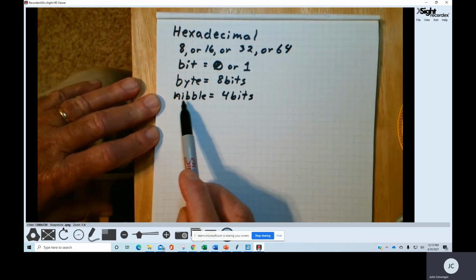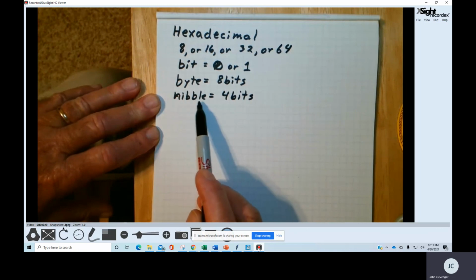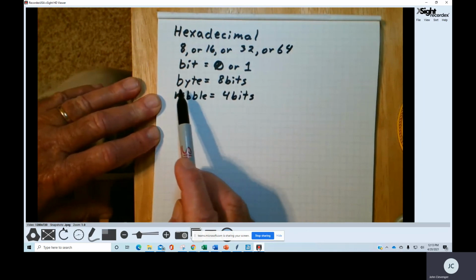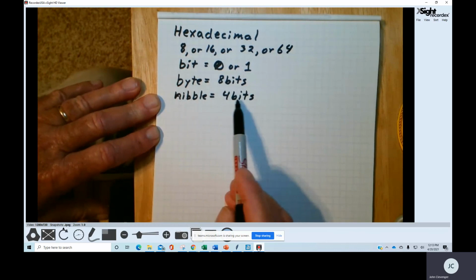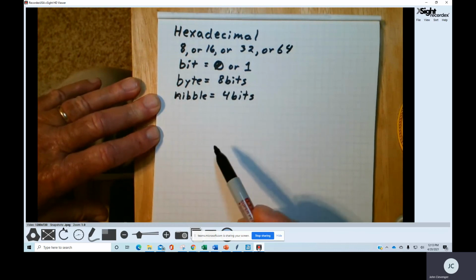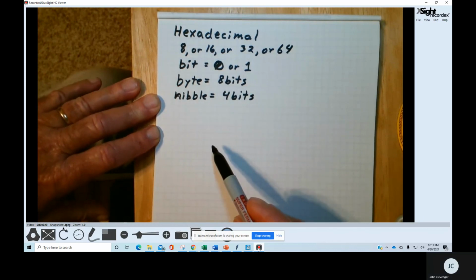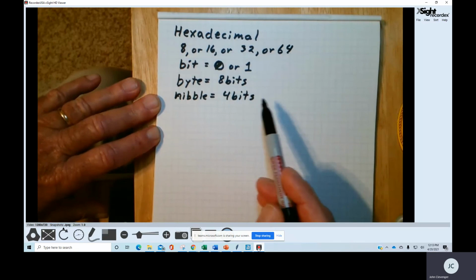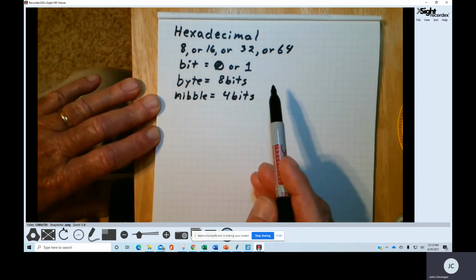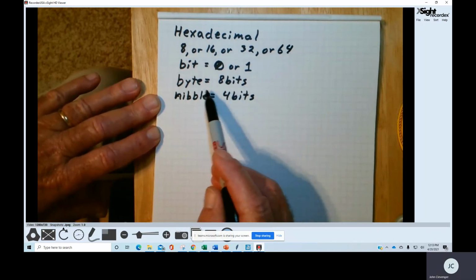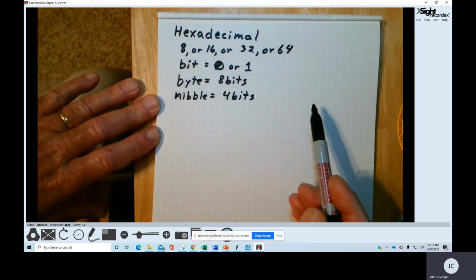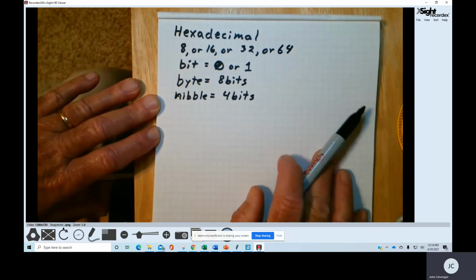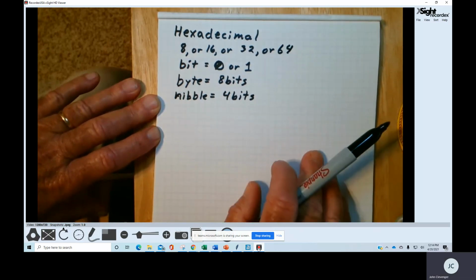And they use the term nibble because a nibble is a small byte. And if a byte is 8 bits, a nibble is, well, I guess it's half a byte or only 4 bits. So the term bit, again, is just a single piece of digital information, either a 0 or a 1. A byte is an 8-bit group, and a nibble is a 4-bit group.